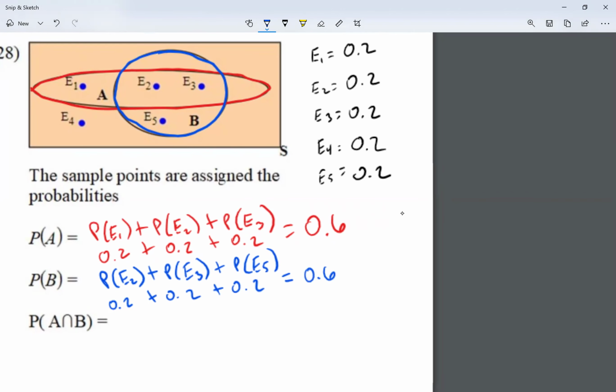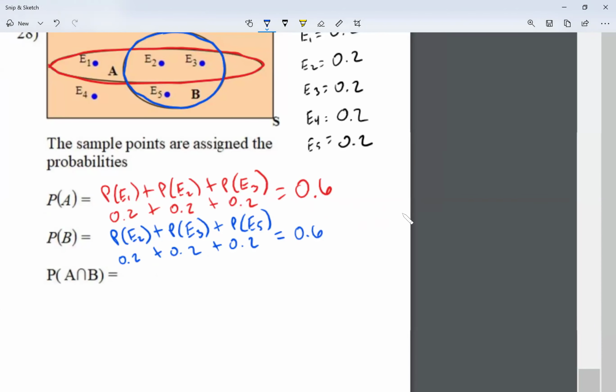Now here, what's the probability of A intersection B? Interesting. Okay. Now, a couple of things. There's a couple of symbols. We're going to look at the U symbol, which is union, and this one, intersection. It looks like an N symbol. Now, the U symbol is union. Basically, that means everything that is inside any of them.